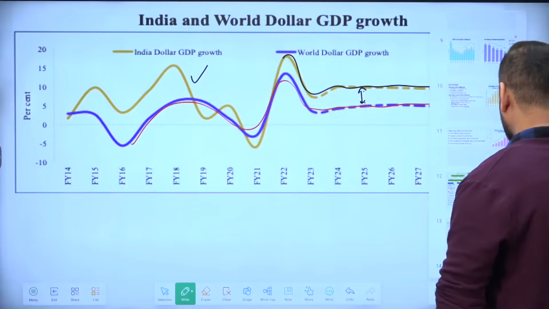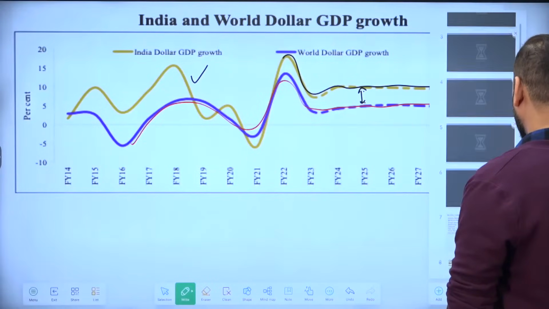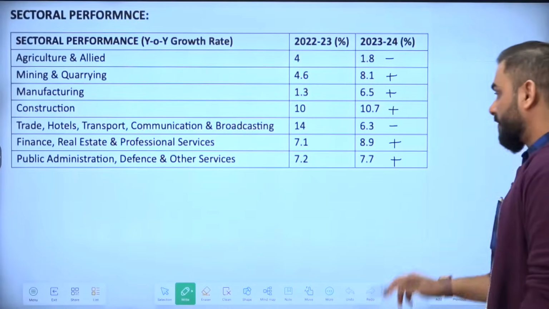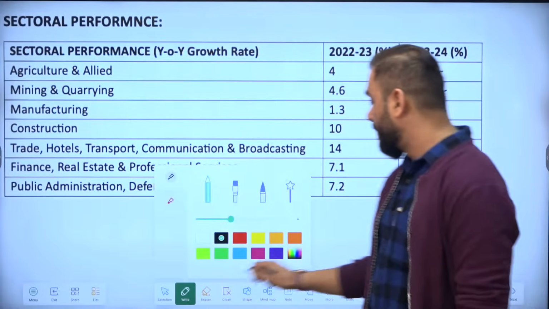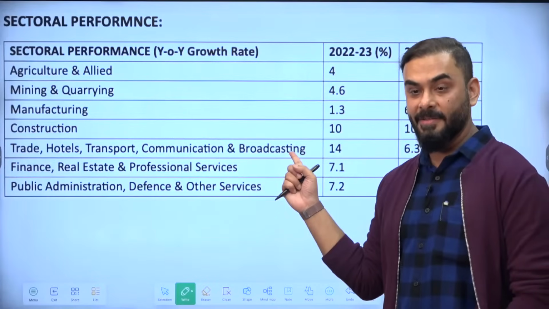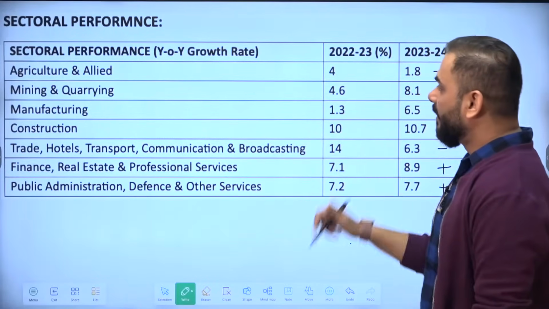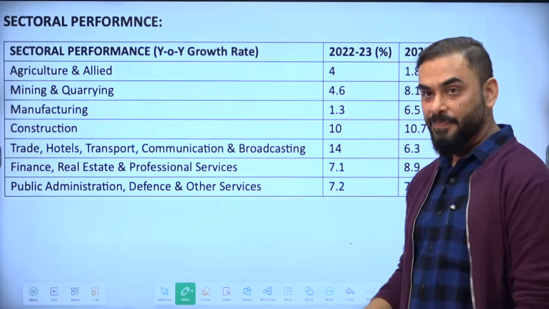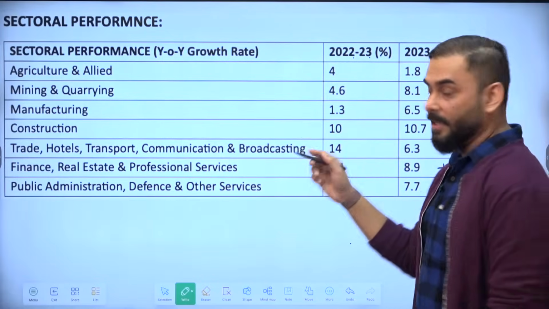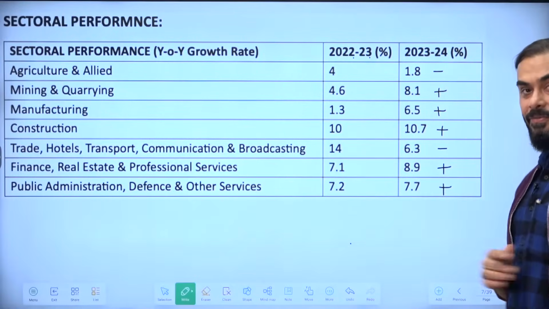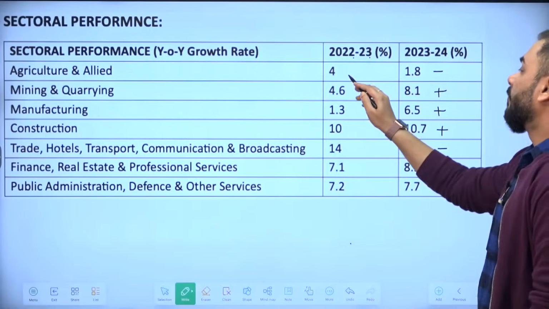Now, let me show you the sectoral performance, which will give you a very good idea about how we are doing. See, this is the sectoral performance. So guys, again, I have created this table from the interim budget documents and data. You can clearly see I mentioned some sectors. I have mentioned the 2022-2023 rate of growth, and I have also mentioned the 23-24 rate of growth. Now, I'll give you an example.